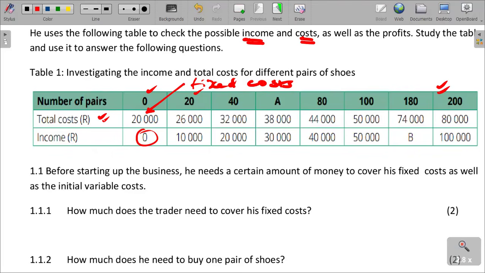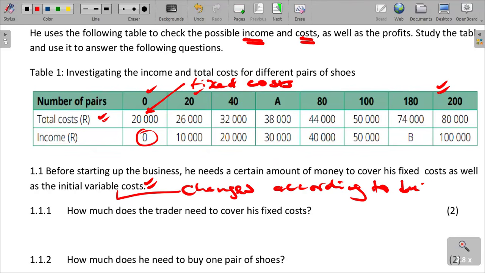Now what we are asked here is that before starting up the business, he needs a certain amount of money to cover his fixed cost as well as the initial variable cost. These costs change according to the level of operation, according to business operations.